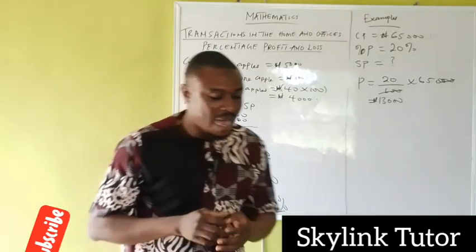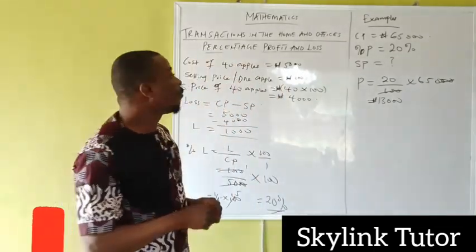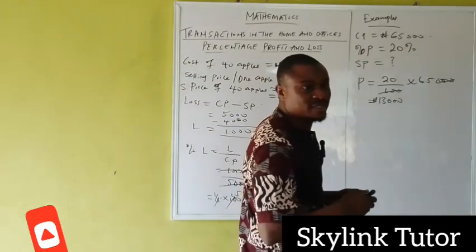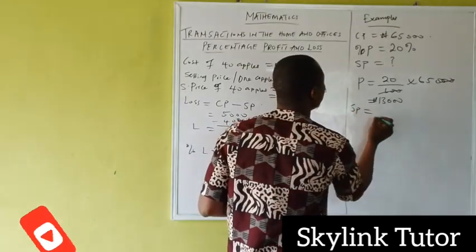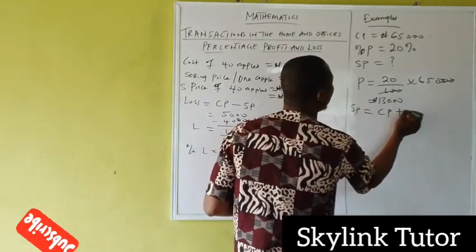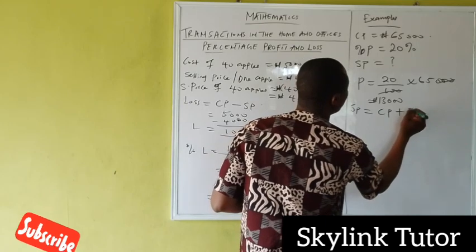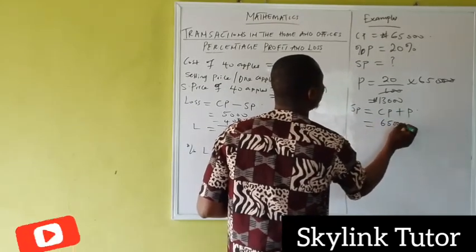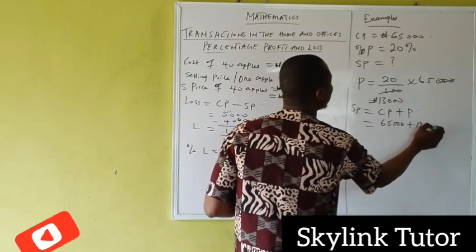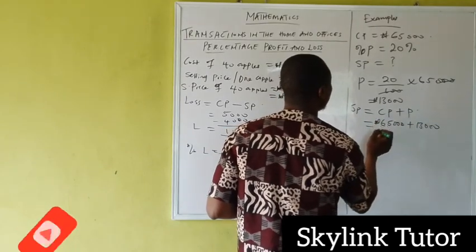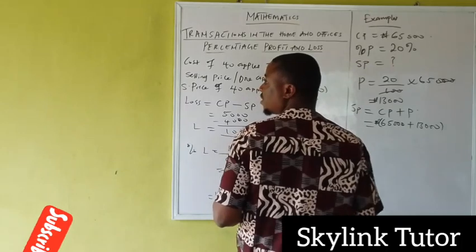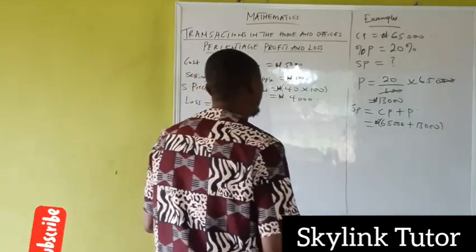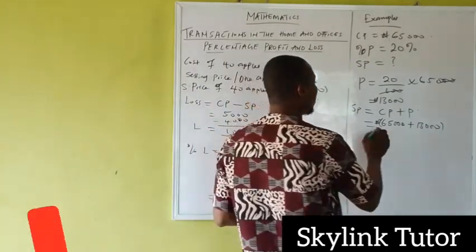That means our profit is 13,000. But we are told to calculate selling price. Selling price is equal to what? Cost price plus profit. We're now going to say 65,000 plus 13,000.